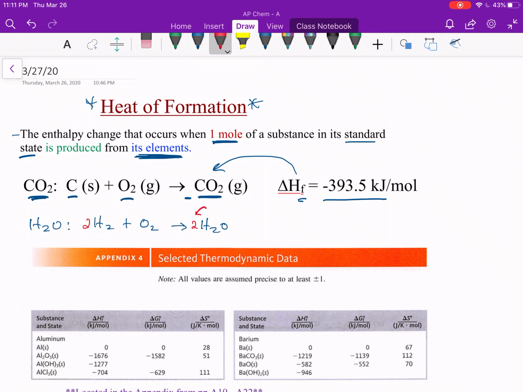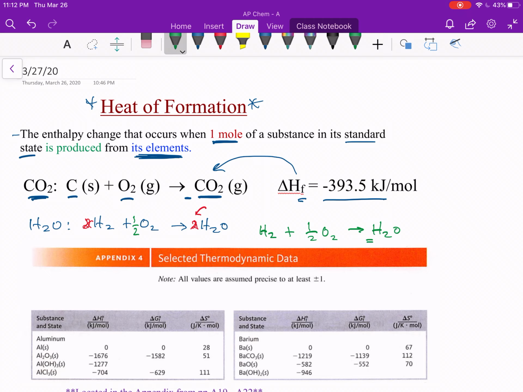So instead of putting that 2 and 2, we're going to balance it by putting a 1/2 here. So we have the reaction H2 plus 1/2 O2 giving us H2O, because we want to have a 1 right there.